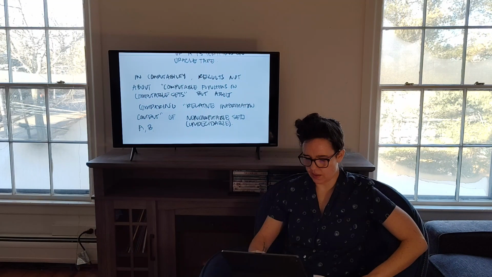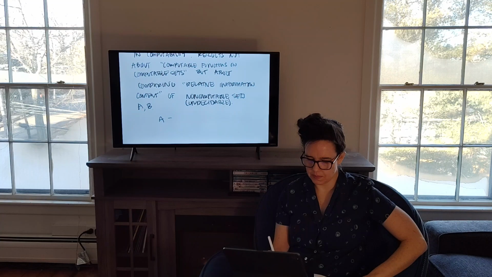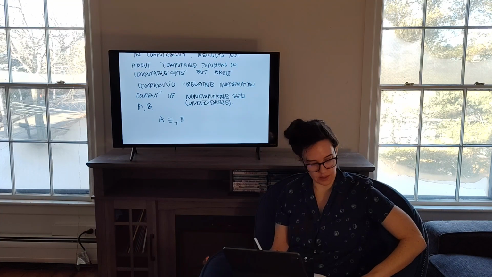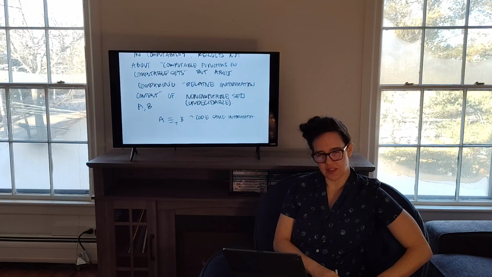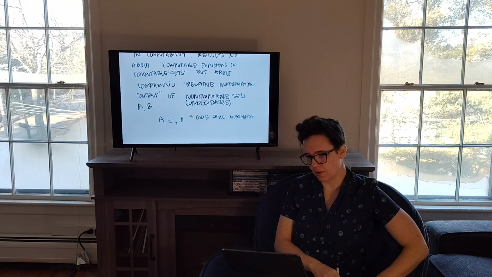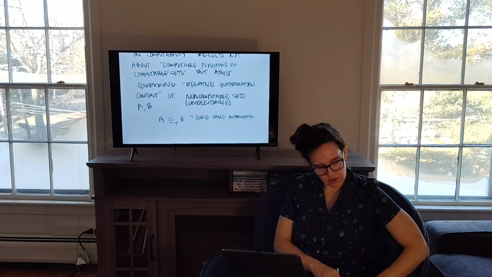So A Turing equivalent to B means that they code the same information. That's nice to know, because I do always hear about Turing computability and those computability talks. And it's like, oh, that's what the main stuff's about. Okay, okay.